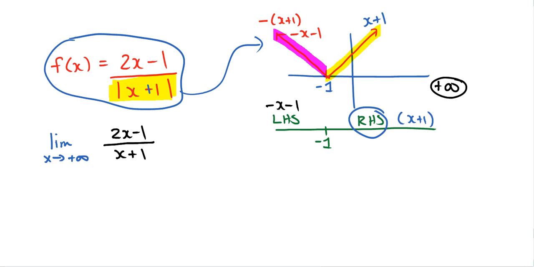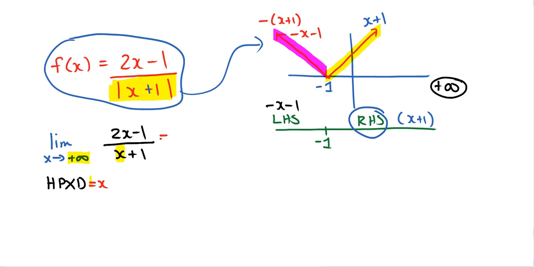How would you evaluate this limit? Whenever you're taking a limit as x goes to infinity, you're always looking for the highest power of x in the denominator, and here that is simply going to be x.